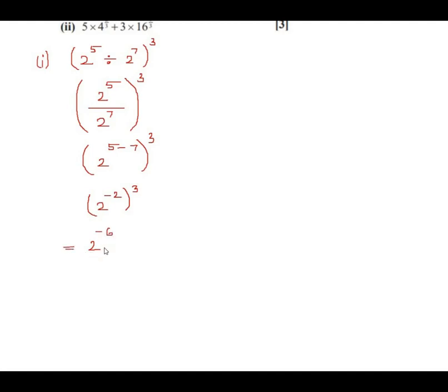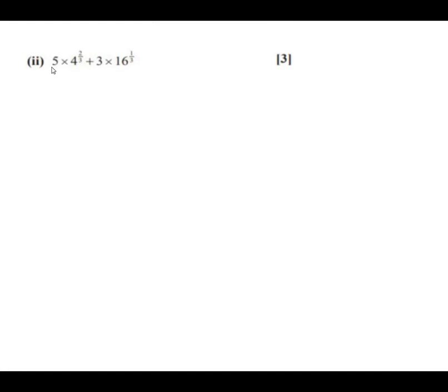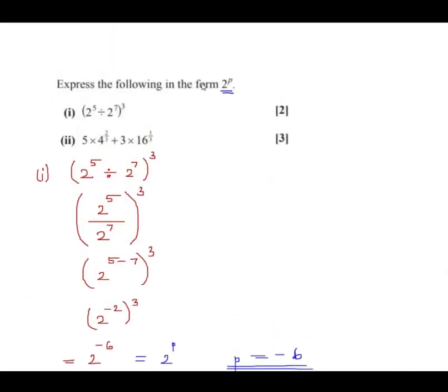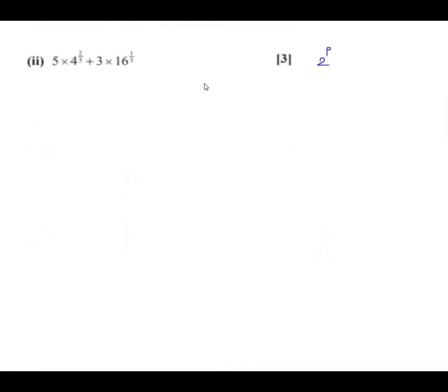So if you wish to keep it this way, now this question we have to get in the form of 2 to the power of p, as it is given in the previous question. To do this, the way we have to approach this is, let us write 5 the way it is, times, we can split the powers and write it as 4 raised to the power of 2 times 1 over 3.